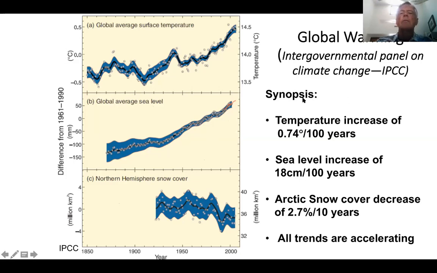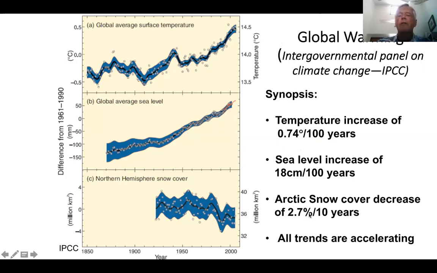Over on the right, I have provided a synopsis of the figures from this particular analysis. The temperature increase has been on the order of about 0.74 degrees centigrade per 100 years. That's what we see here. The sea level increase has been on the order of about 18 centimeters per 100 years. All right, it's quite a bit.